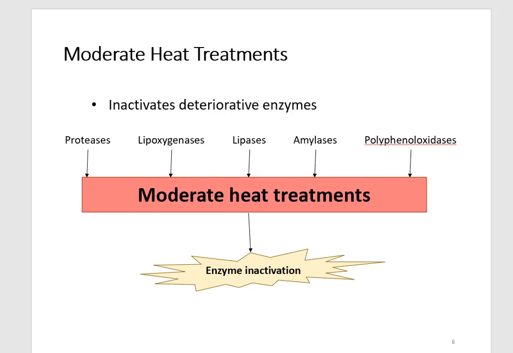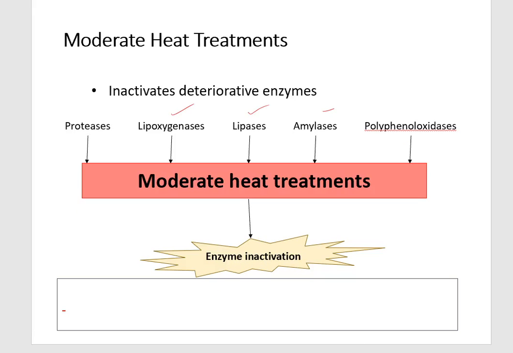Denaturation at moderate heat treatments also inactivates several enzymes, such as protease, lipase, amylase, lipoxygenase, and other oxidative and hydrolytic enzymes. So why is this important? Failure to inactivate these enzymes can result in development of off-flavors.